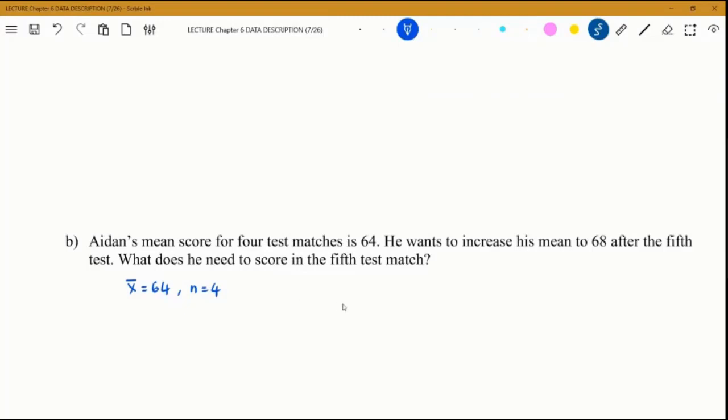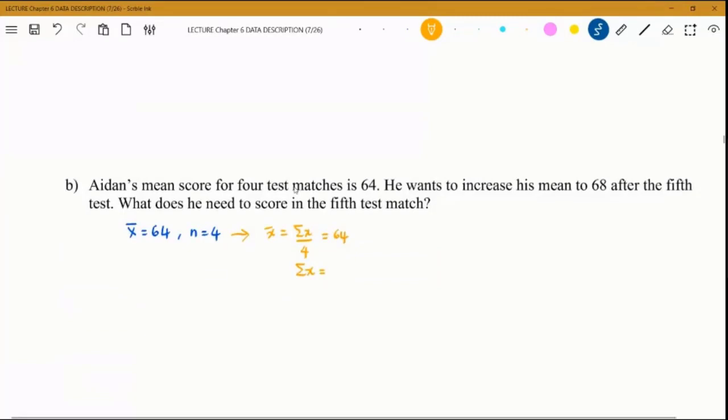Okay, so from this information we can have your X bar, which is equal to summation X divided by N. So we know that X bar is 64, and your N is 4. Okay, what do we get for summation X? 256. Okay, good.